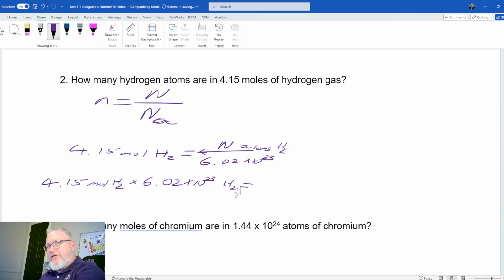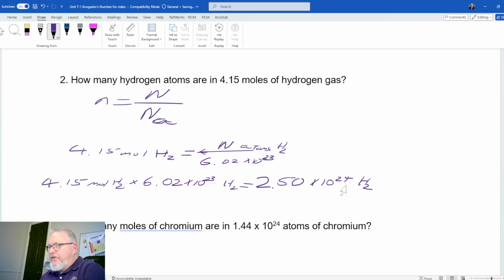Get my little trusty calculator. I'm going to type in 4.15 times 6.02 second double E 23rd, and I get 2.49, 2.5. So I've got 2.50 times 10 to the 24th particles of H2. Now it asks for how many atoms.